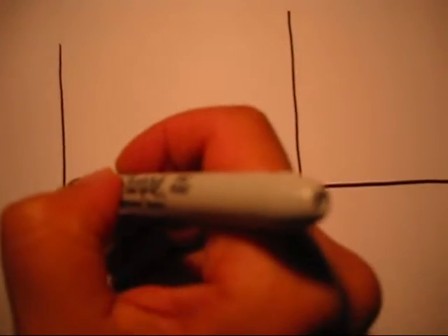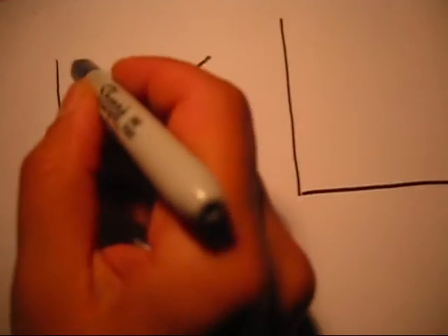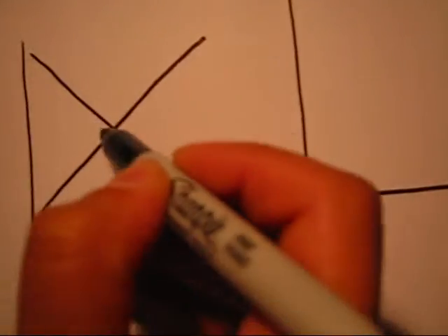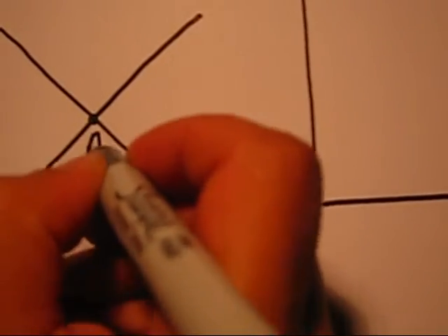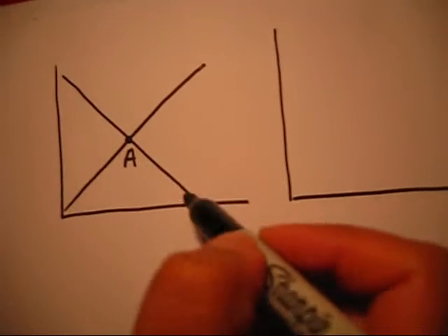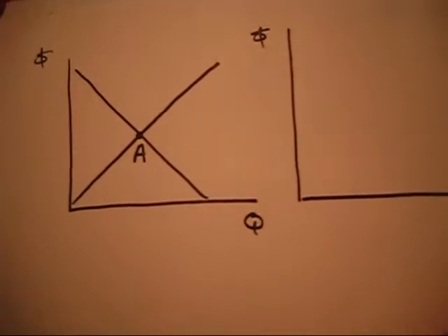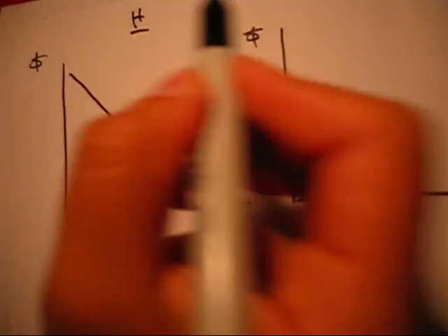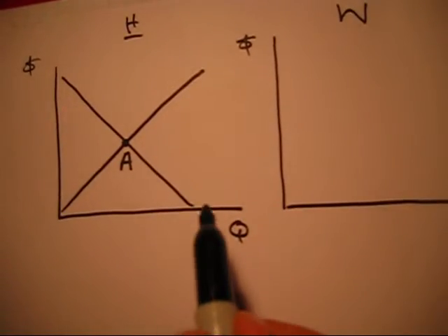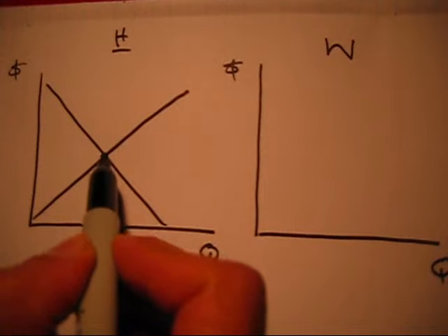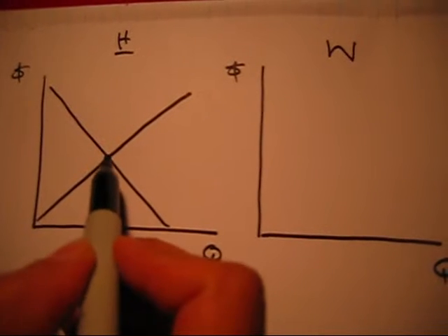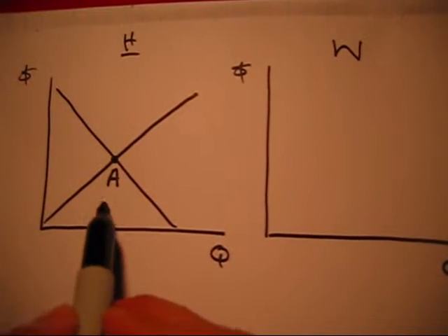So basically, as usual, I'm going to draw the home country's equilibrium. I call it A. Supply, demand. This is price, quantity. This is home. This is world market. At point A, quantity supplied equals quantity demanded.